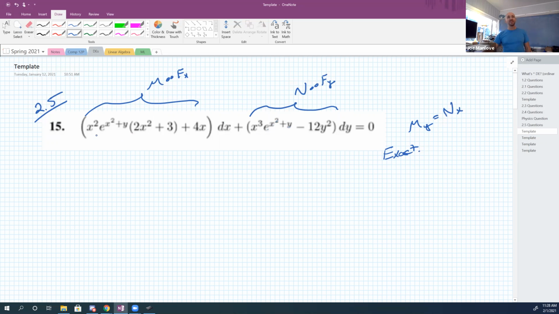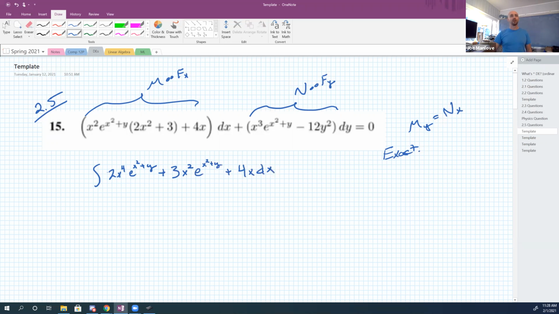But if for whatever reason you had to do this other thing, you'd need to be integrating 2x to the fourth e to the x squared plus y, and again, this is not a good idea, plus 3x squared e to the x squared plus y plus 4x.